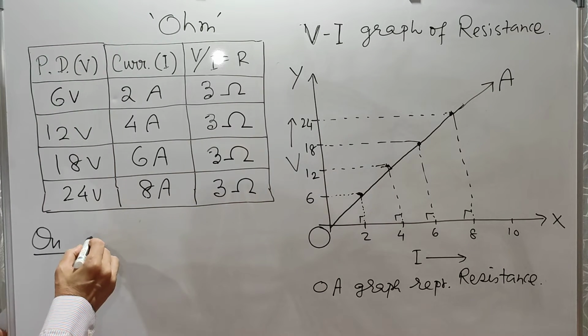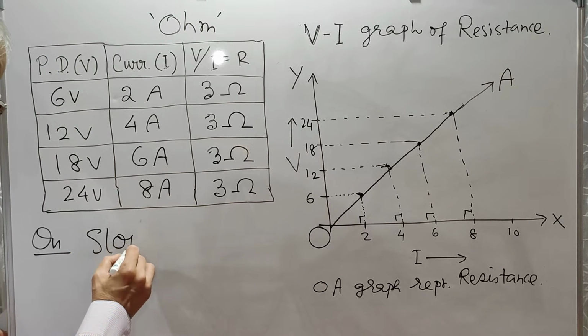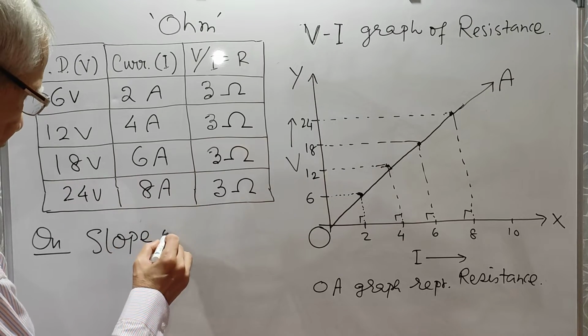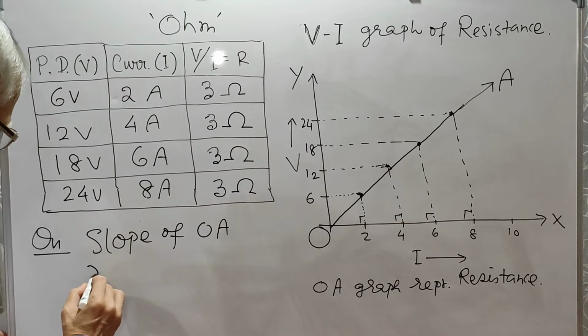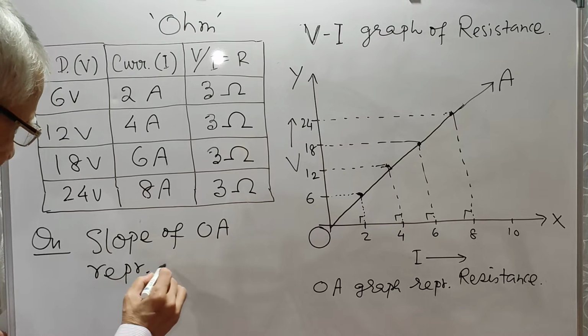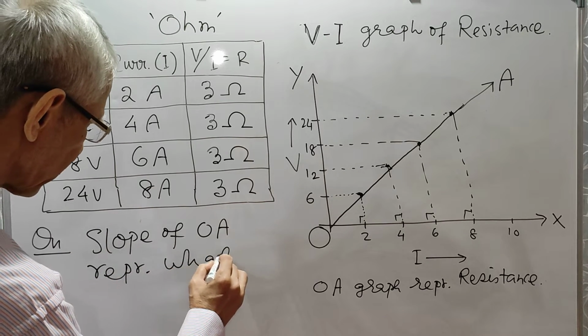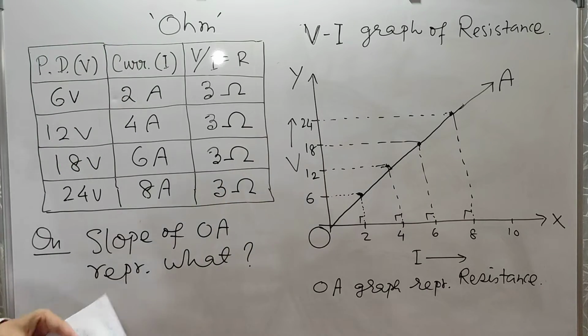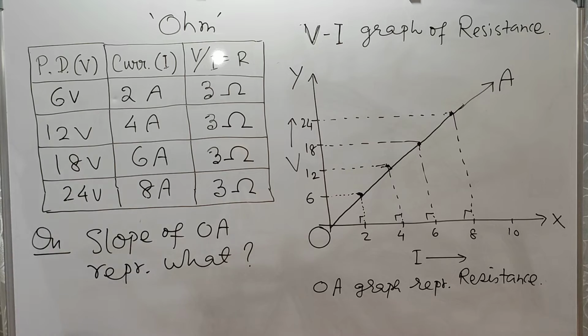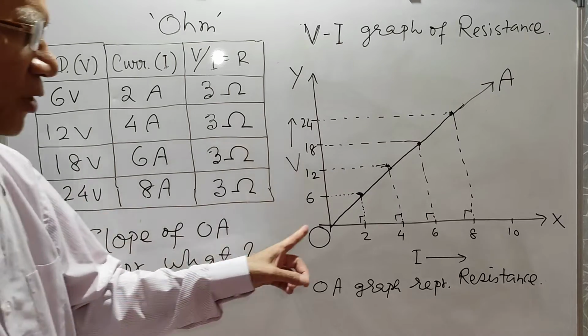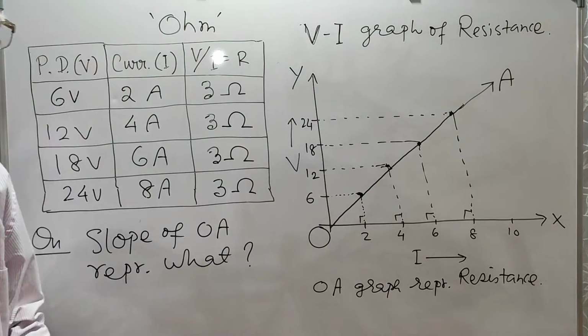What does the slope of the graph OA represent? This is an important question.